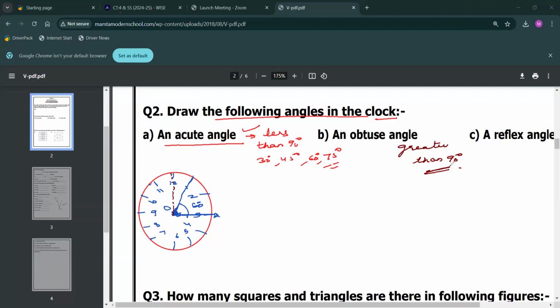Where are the numerals, beta? Chiranjay, where are your numbers? Yes, ma'am, I'm right here. Ma'am, can you see? Yes, beta. Show me.